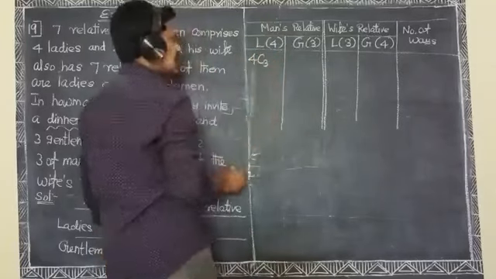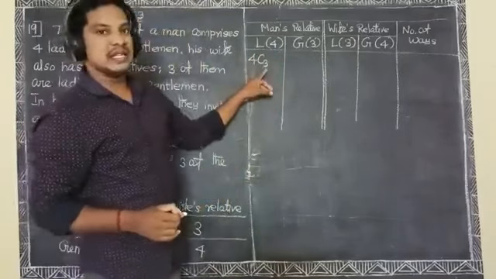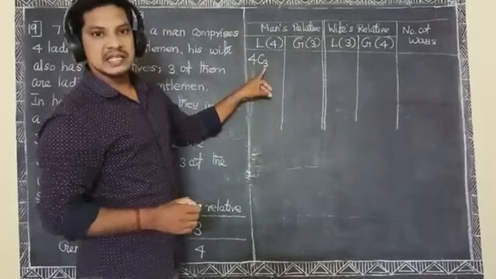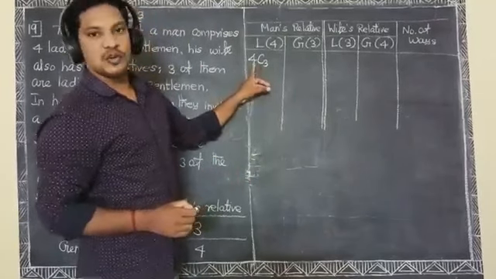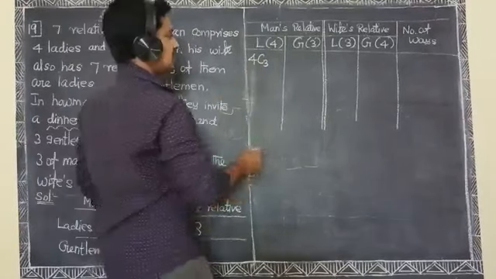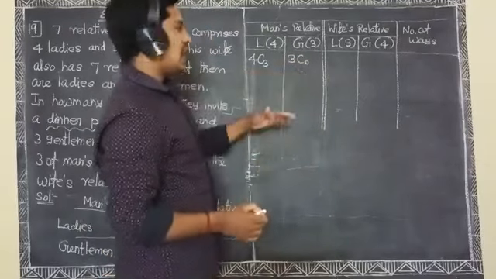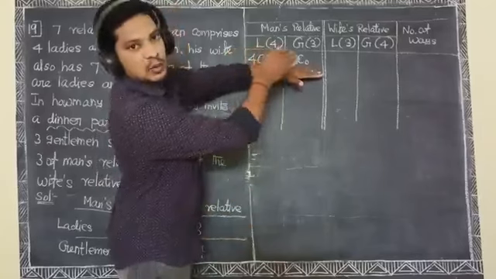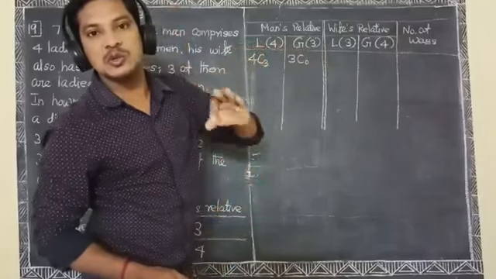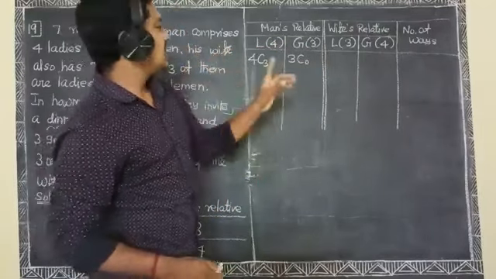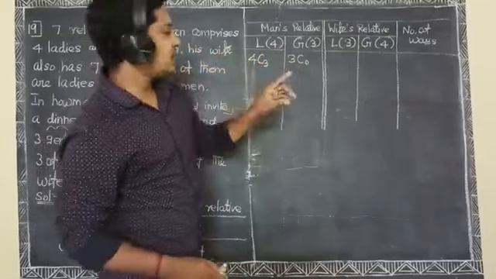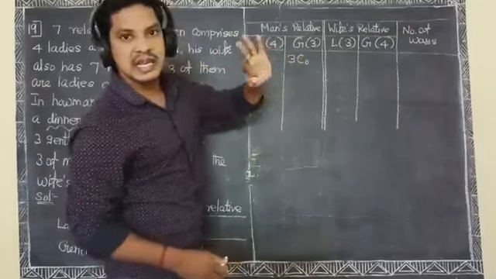4C3 means 3 ladies out of 4. 3C0, because this is the man's relative, totally we can choose 3 of 7 persons, 3 plus 0 is 3.